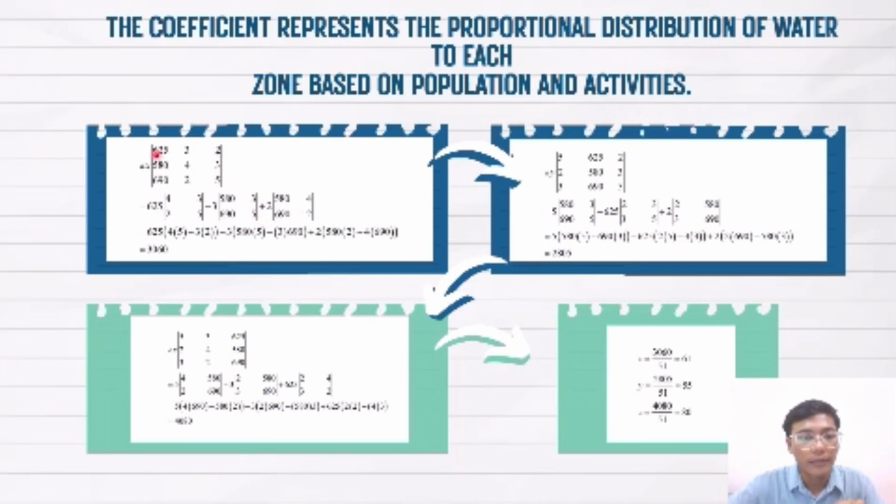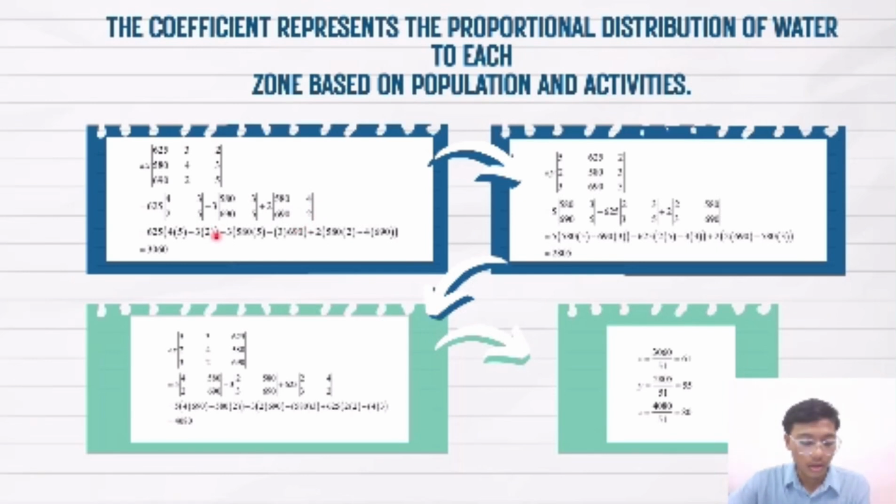We choose the first row and the third column number. Alright, and then we do the same thing. We cover the third column and the first row. We get the number inside this matrix is 580, 4, 690, and 2.